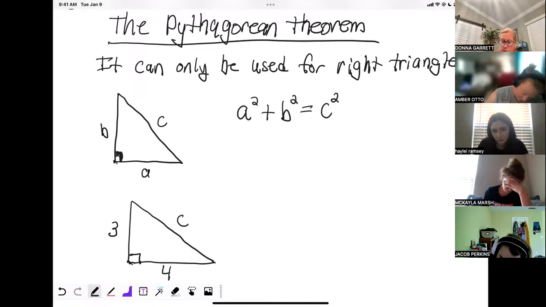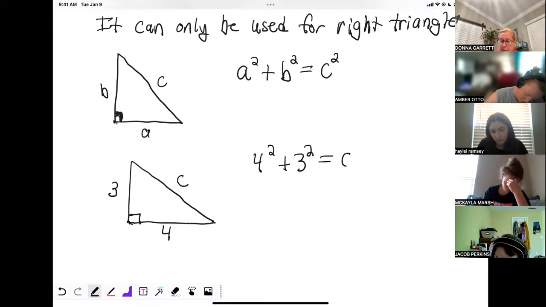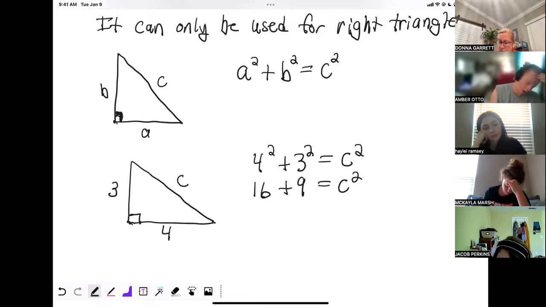It doesn't matter which one you make A or B, but I do 4 squared plus 3 squared has to be equal to C squared. If I square both legs and add them together, it has to be equal to the square of the hypotenuse. So 16 plus 9 has to equal C squared. 16 plus 9 is 25, equal to C squared.